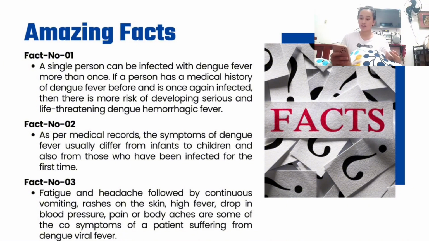And the third fact is fatigue and headache followed by continuous vomiting, rashes on the skin, high fever, drop in blood pressure, and body aches are some of the common symptoms of patients suffering from dengue viral fever. So, common symptoms of a person with dengue viral fever include fatigue, headaches, continuous vomiting, skin rashes, high fever, a drop in blood pressure, and body aches.